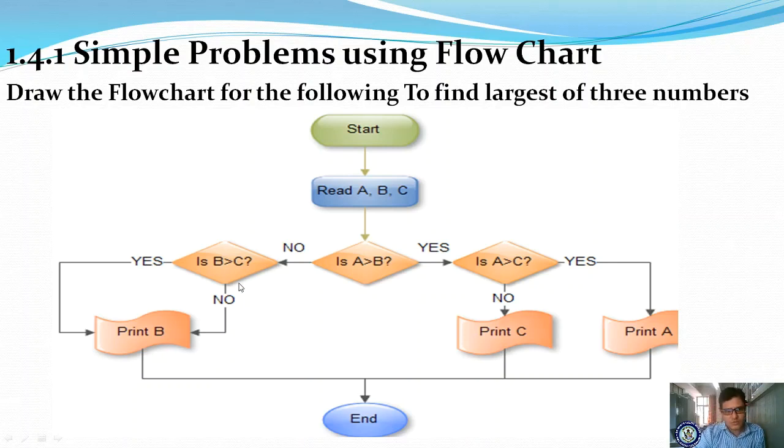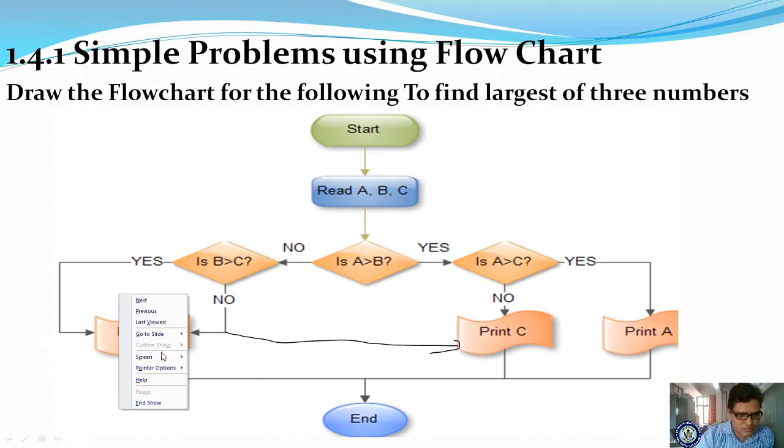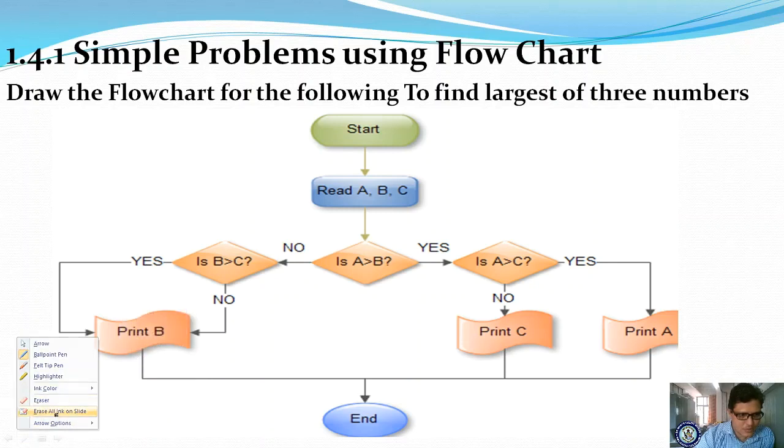Got it? So then this line has to come here. Okay, where to come? If it is no, this line has to move. Yes, please make corrections. Okay, if it is no, it has to print c. Not a good write-up, so let me take the eraser and erase all the ink.